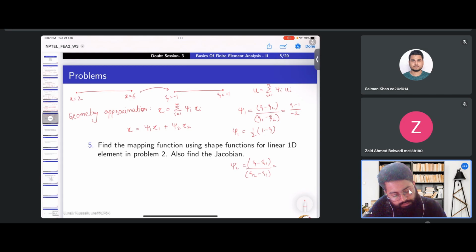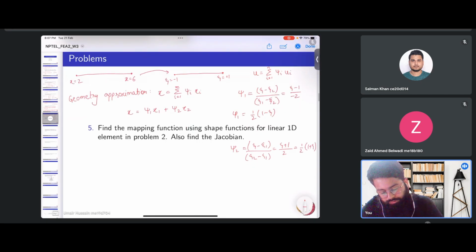We get zeta minus minus 1, that is zeta plus 1, and zeta 2 is 1 and zeta 1 is minus 1. So 1 minus minus 1 is 2: half of 1 plus zeta. So these are the shape functions we have.